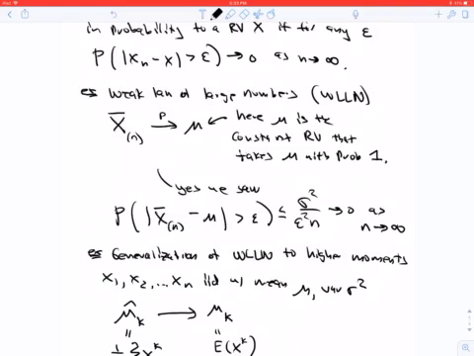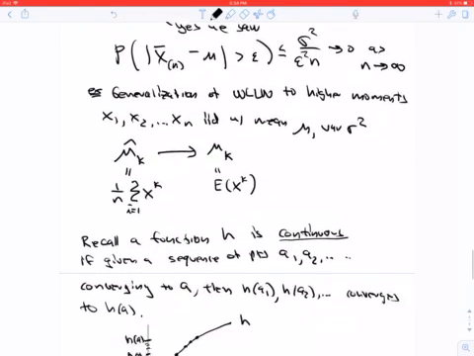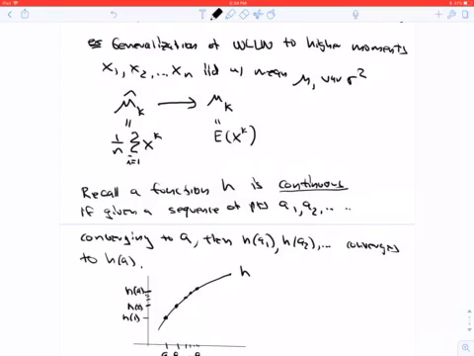And so we proved the weak law of large numbers above, right? We saw that the probability that the absolute value of the sample mean minus mu is greater than epsilon is less than sigma squared over epsilon squared n, which goes to 0 as n goes to infinity.